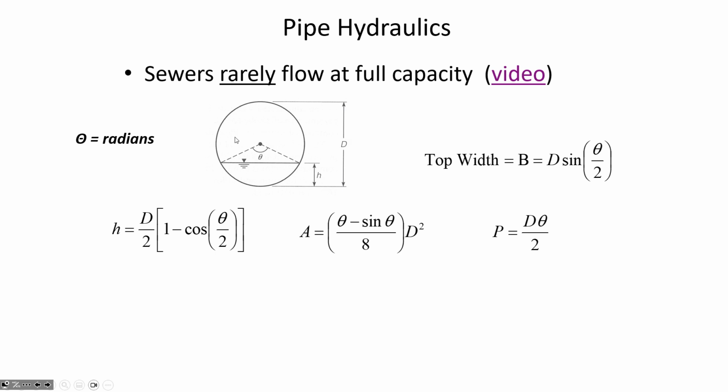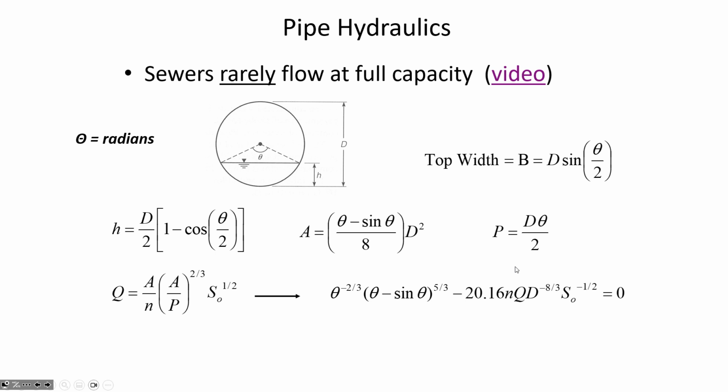If you know the angle, then you can calculate the cross-sectional area as a function of the angle in radians and the diameter of the pipe. And wetted perimeter you can also calculate.